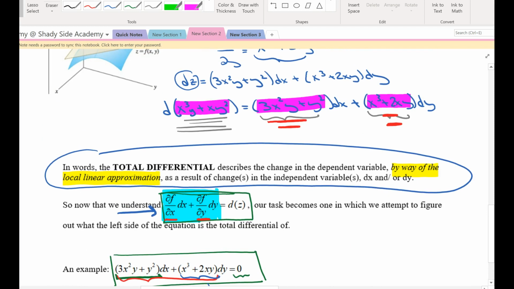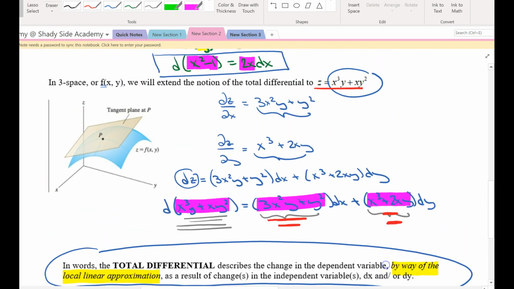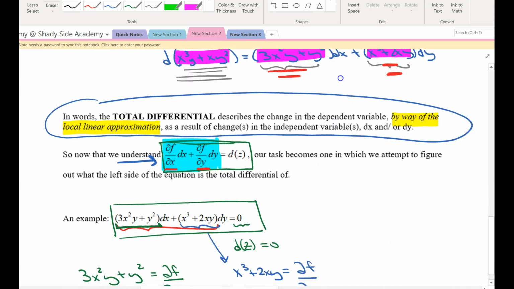Why? Because of what we just talked about over here. When we found the total differential of x³ y plus xy², we saw that the factor attached to the dx by way of multiplication was the partial derivative of this expression with respect to x.